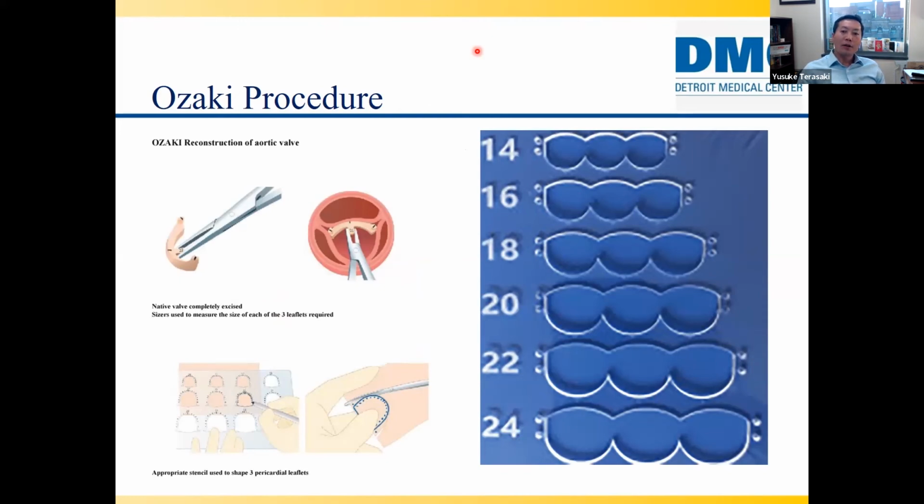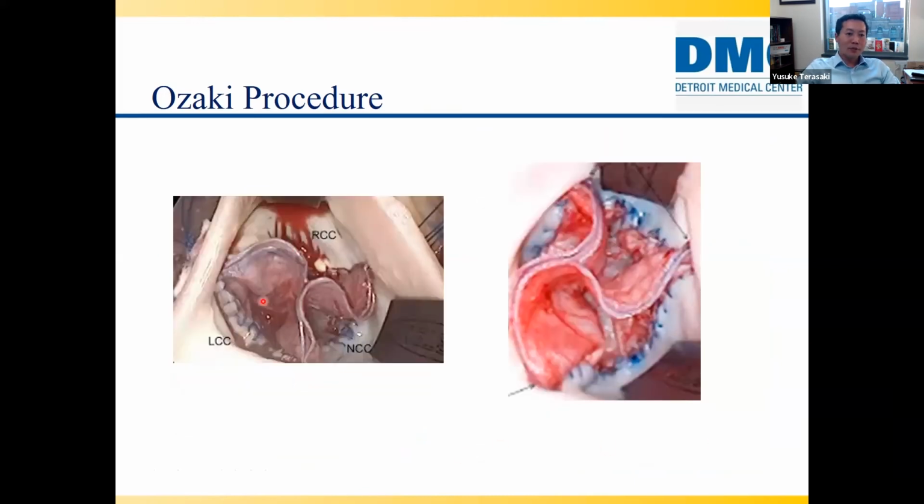This is where we go in and we take a piece of pericardium of the patient in the beginning of the case, and they provide you with the stencils for the sizing of the valves, and you basically cut out these leaflets in the size of these patients' aortic valves and sew them onto the aortic root. So you're recreating the aortic valve leaflets using their own body parts.